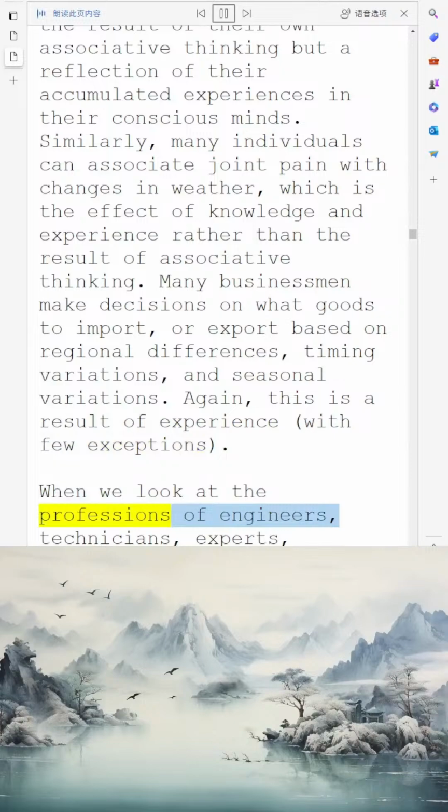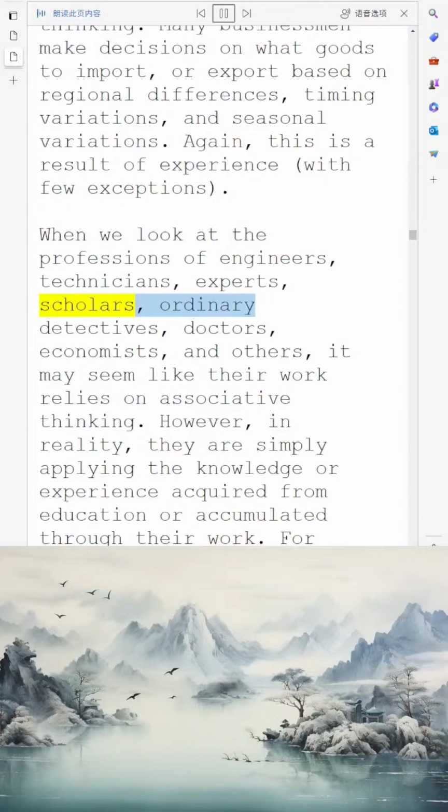When we look at the professions of engineers, technicians, experts, scholars, ordinary detectives, doctors, economists, and others, it may seem like their work relies on associative thinking. However, in reality, they are simply applying the knowledge or experience acquired from education or accumulated through their work.